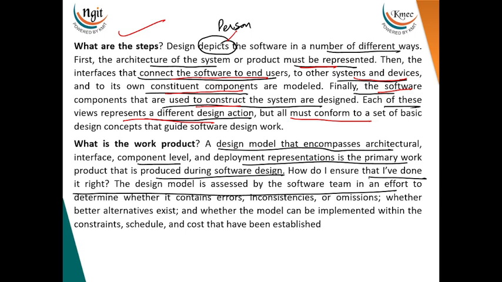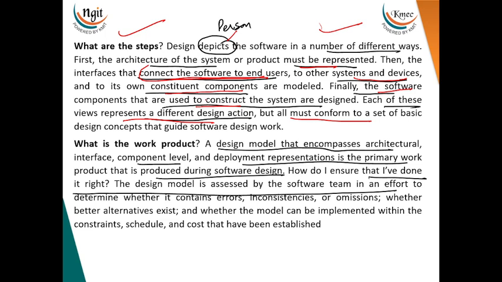So what are the points? The design engineer takes a number of different steps. First, the architecture is designed, and then the way it is represented. Then the interconnections are defined. Interconnection is done to the other systems, and if they want to coincide with the own system, the components are then based on that, and a review meeting or output is shown.